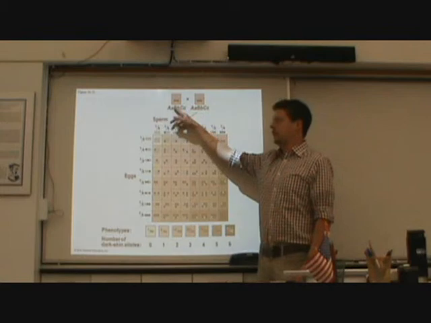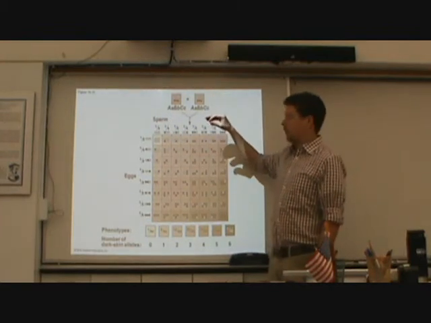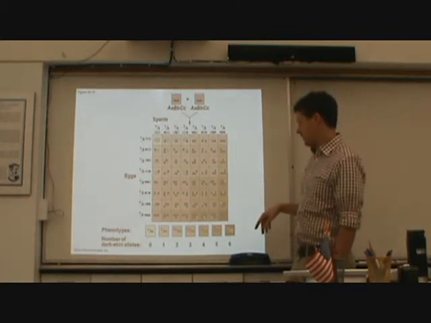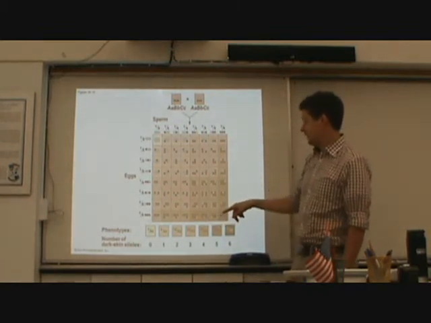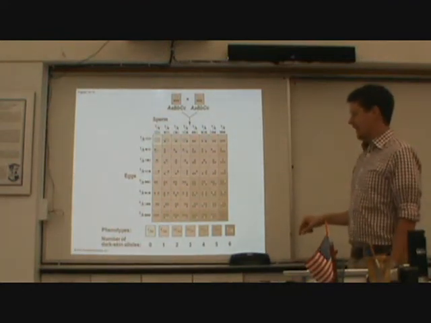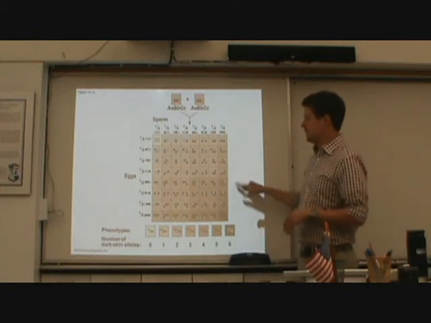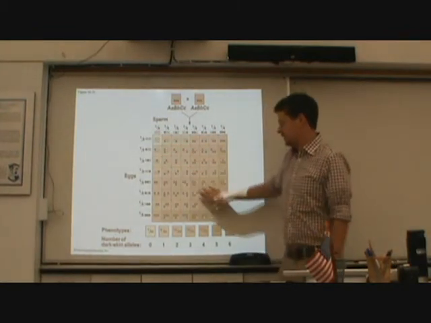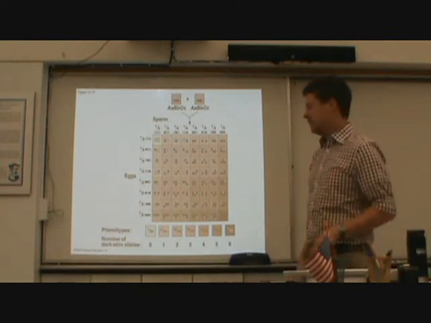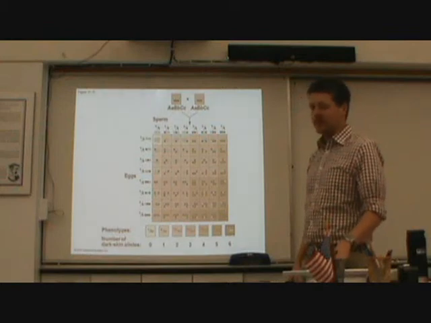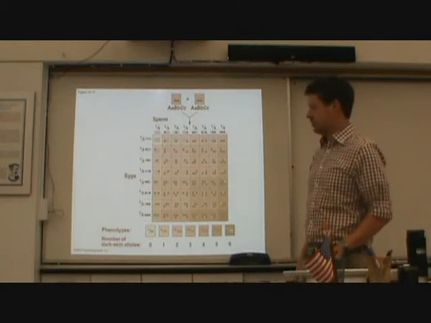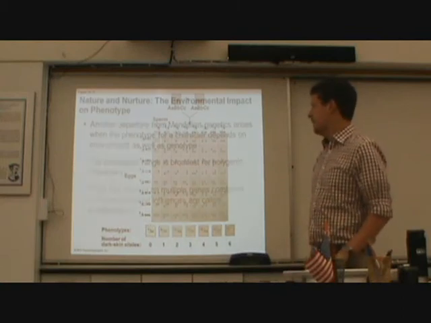And so if you were to cross 2 individuals that were heterozygous for all 3 of those genes, you get a ratio of 1 to 6 to 15 to 20 to 15 to 6 to 1. So yeah, there's a big spectrum of light to dark. And so that's thought to be kind of how skin color works. It's probably more than 3 genes, but just to keep things a little bit more simple, we're just going to look at that example.